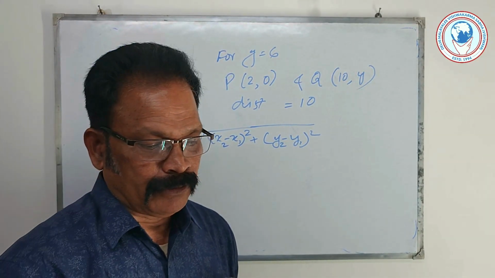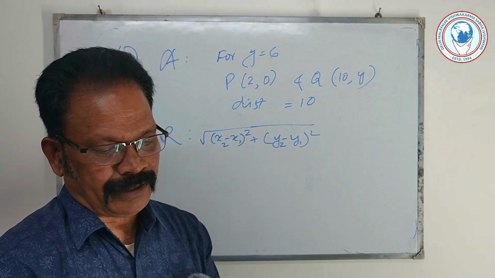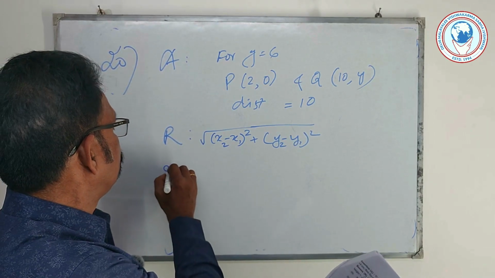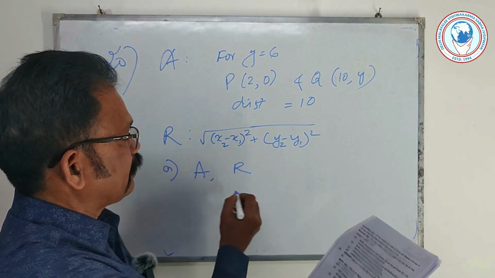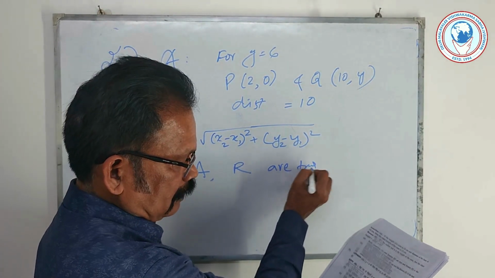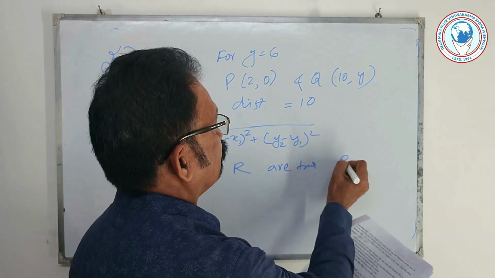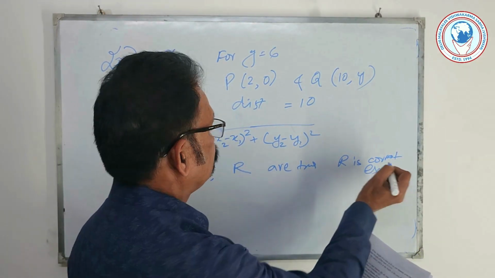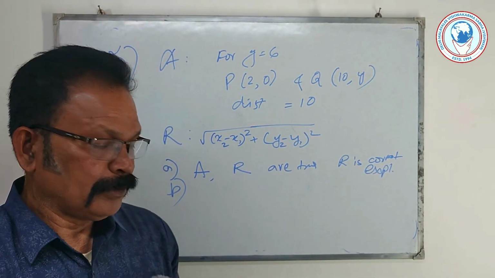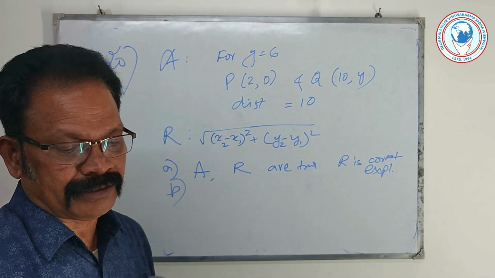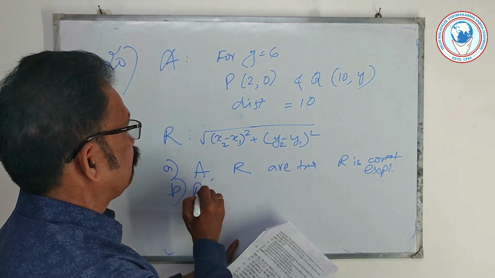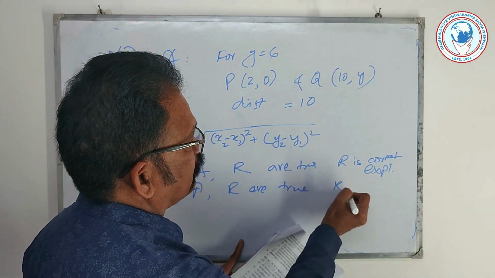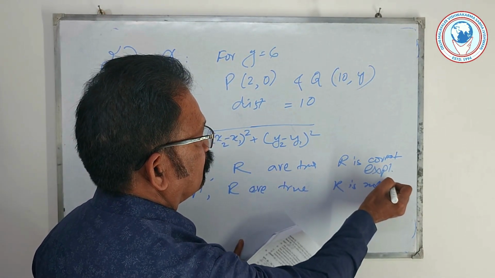Now, the options given are: A, both A and R are true, and R is the correct explanation of assertion A. B, both assertion and reason are true, but R is not the correct explanation.